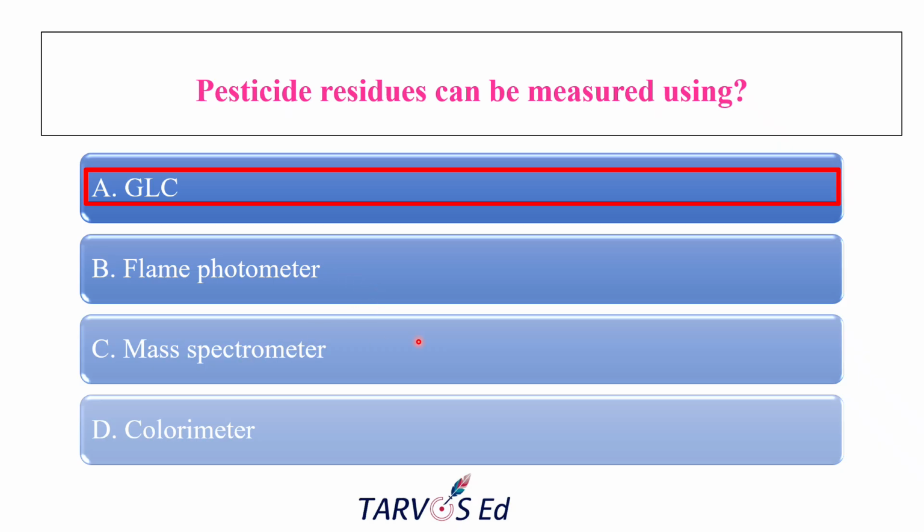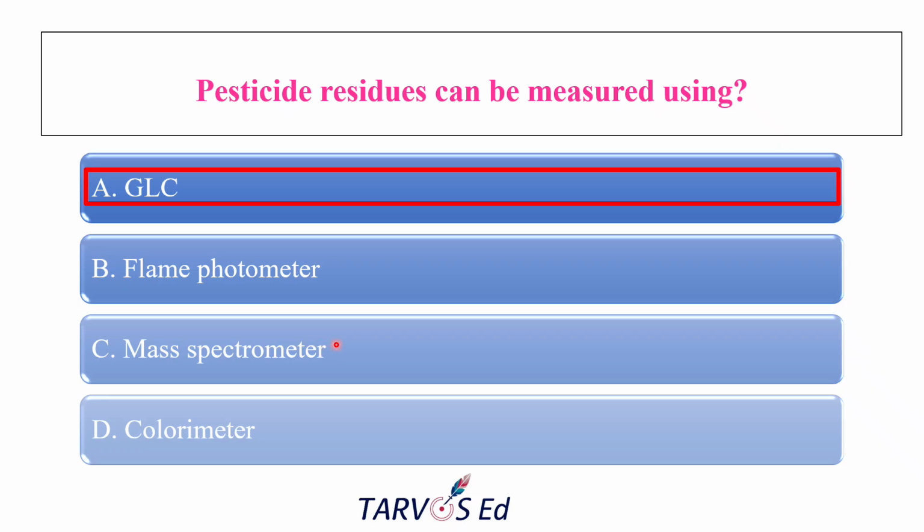And why not mass spectrometer? A mass spectrometer identifies compounds based on their molecular mass and fragmentation pattern. It is generally coupled with GC or LC and is not used alone.